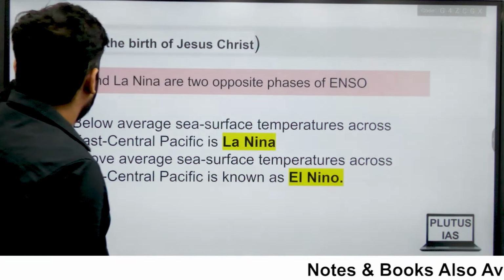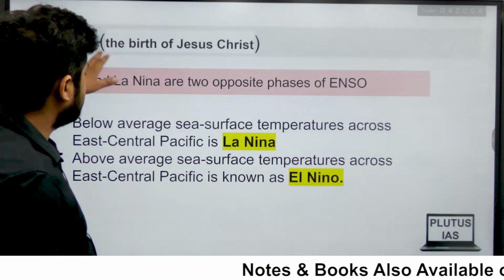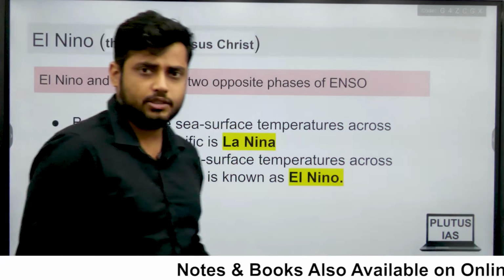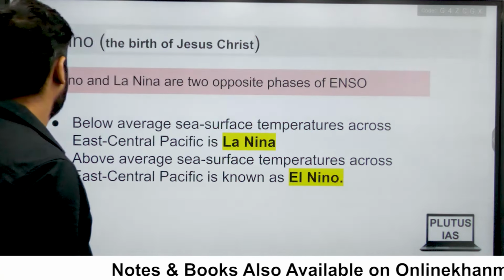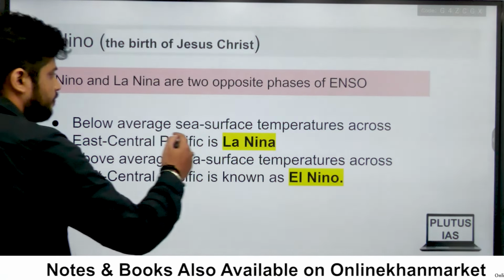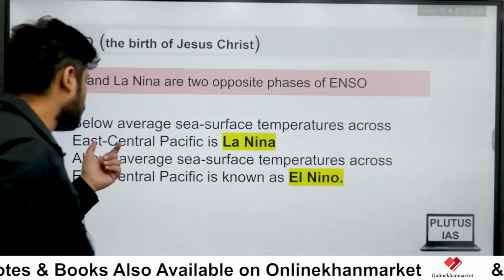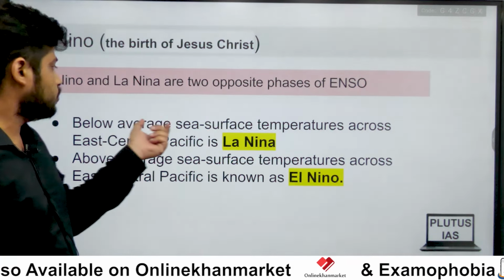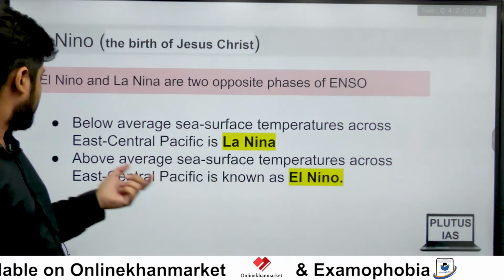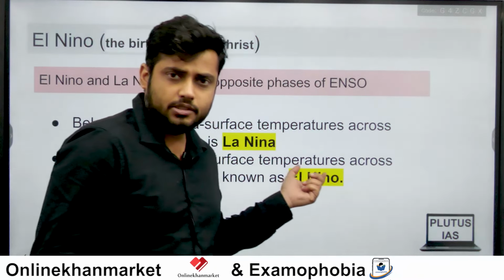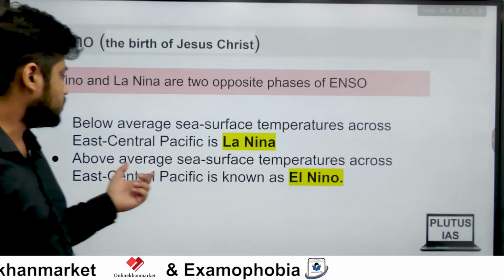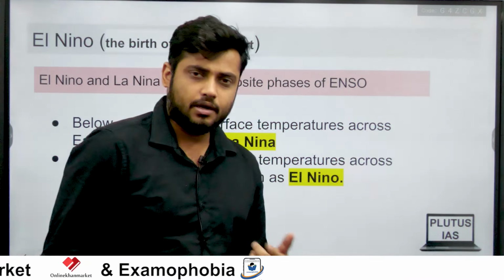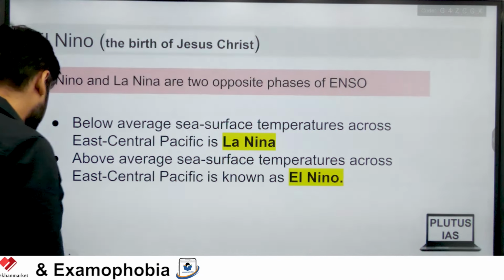So finally, El Nino, the Spanish meaning is the birth of Jesus Christ, the child of Jesus. Below average sea surface temperature across the East Central Pacific is La Nina, and above average sea surface temperature across the East Central Pacific is El Nino.